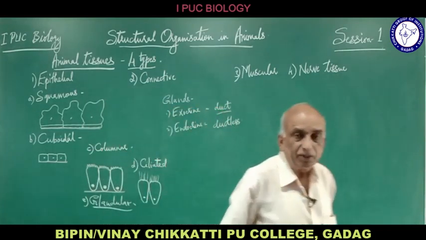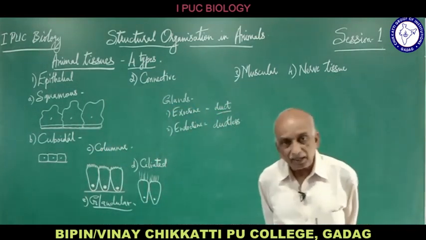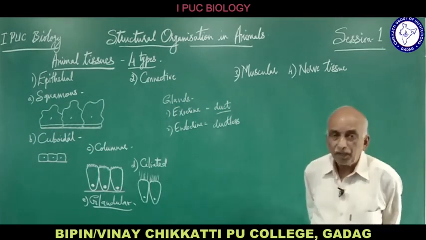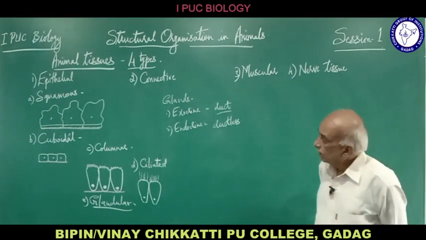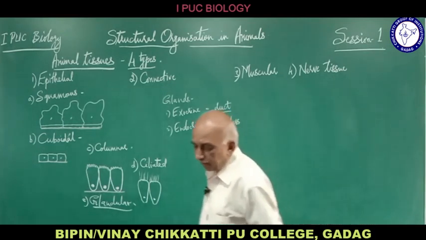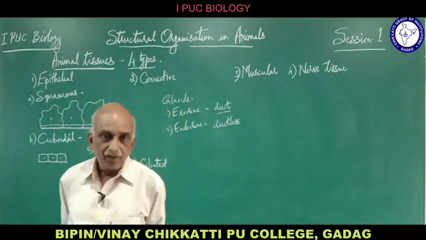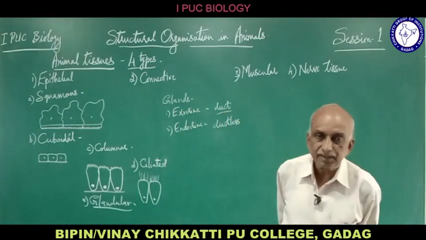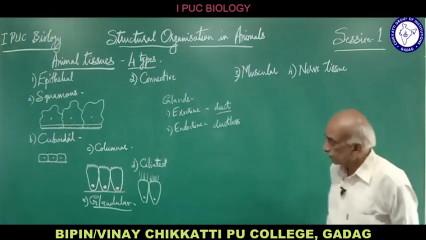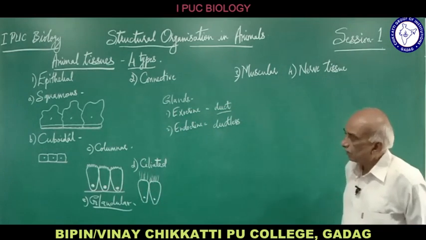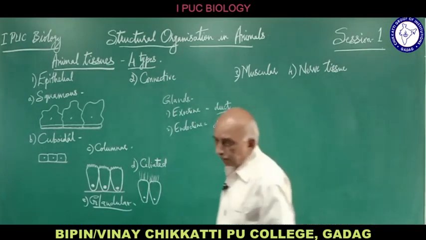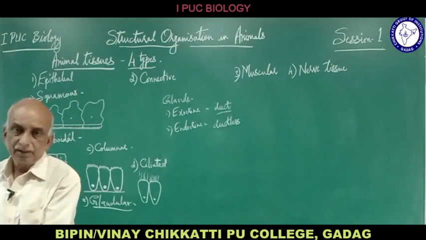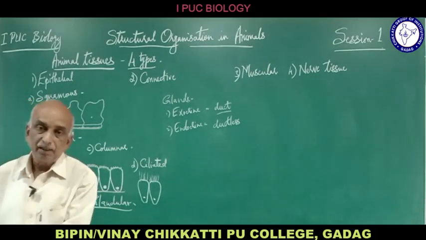For example, the pituitary gland, thyroid gland, and adrenal gland are all endocrine glands. Exocrine glands, as I already mentioned, like the salivary gland and sweat gland, all have ducts, and their secretions are transported through the ducts. Whereas endocrine glands do not have any ducts. So that is about the types of glands, and that is about epithelial tissue.